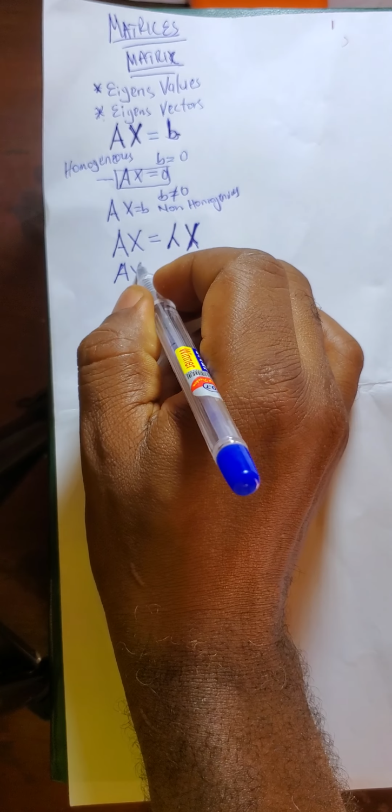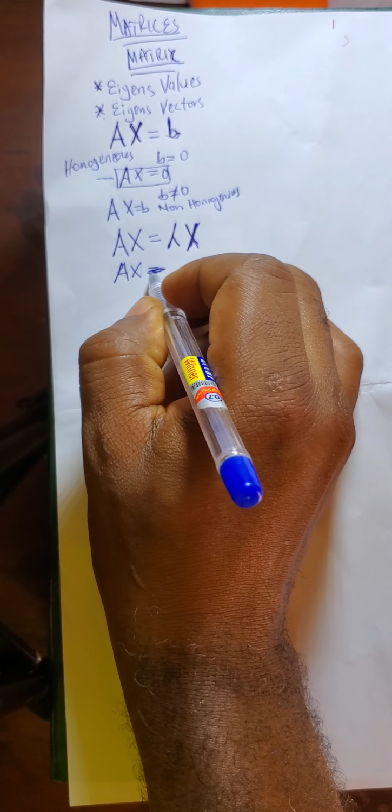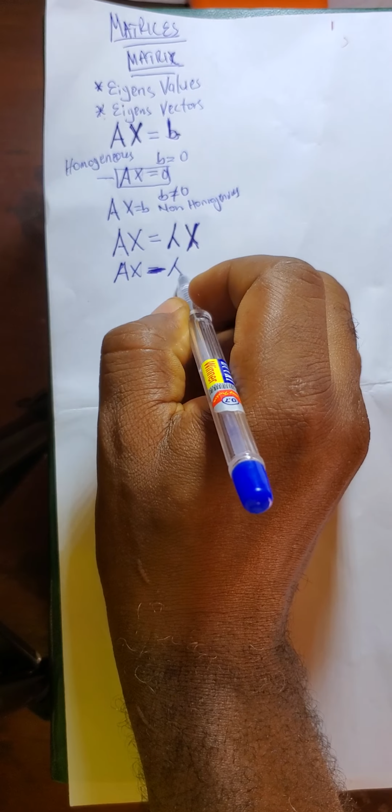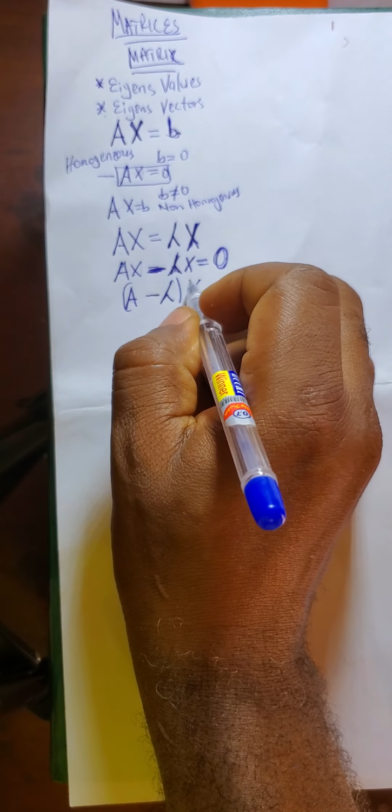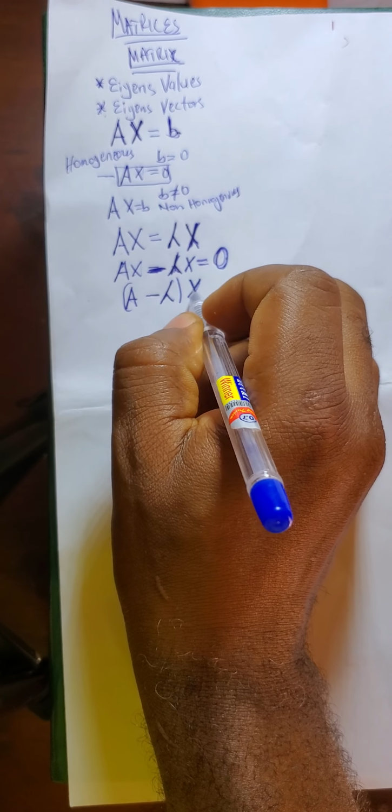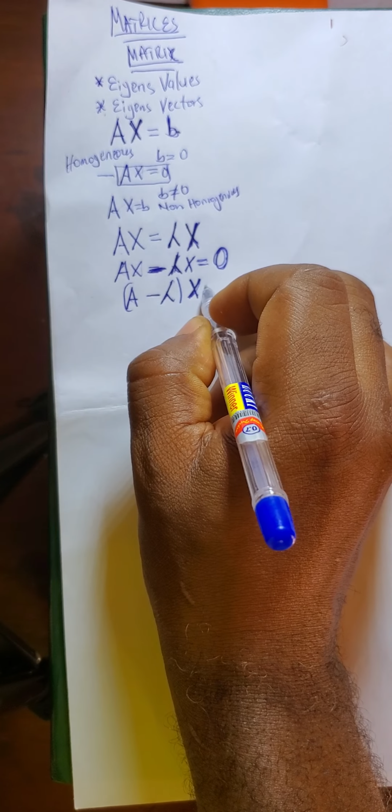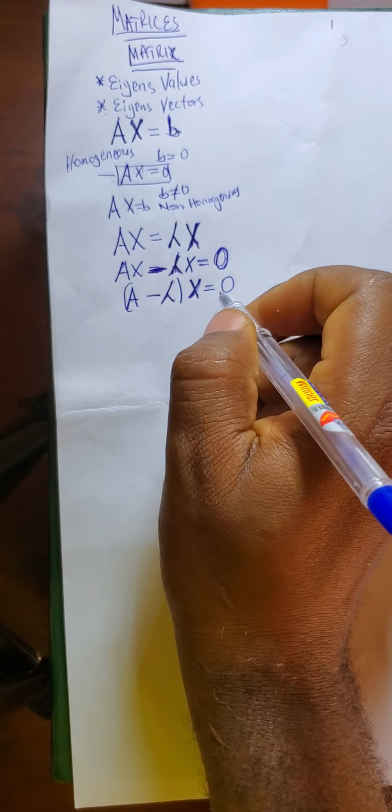So we have Ax minus this scalar value, that is called the eigenvalue, times x, equal to the zero vector. So we can factorize this variable vector out here. Then we are left with A minus this scalar value, multiplying this variable matrix, and you equate everything to 0.